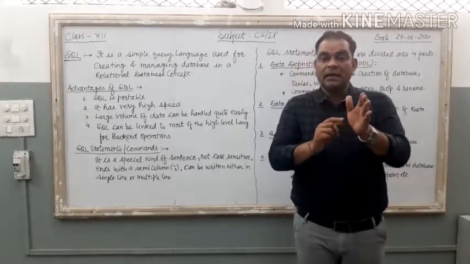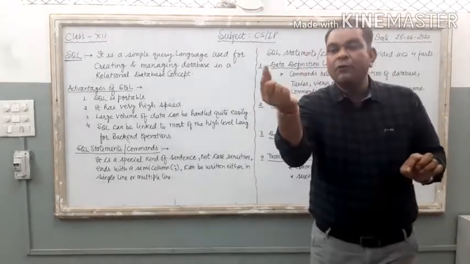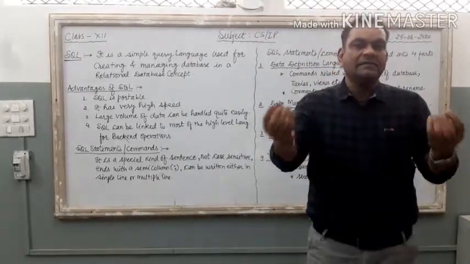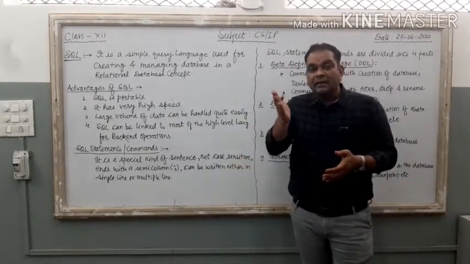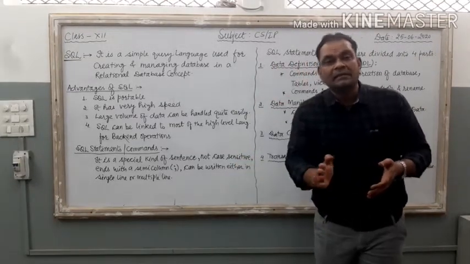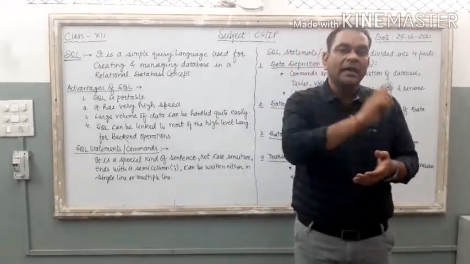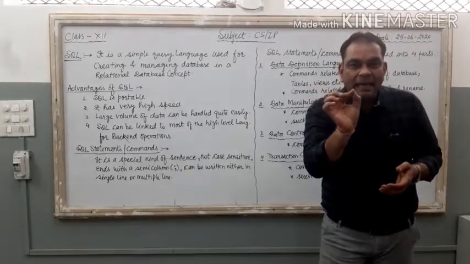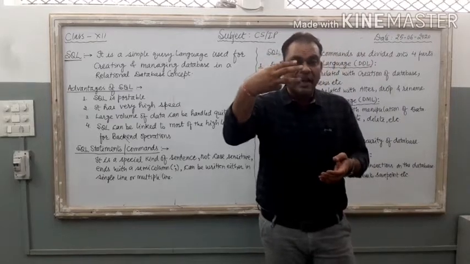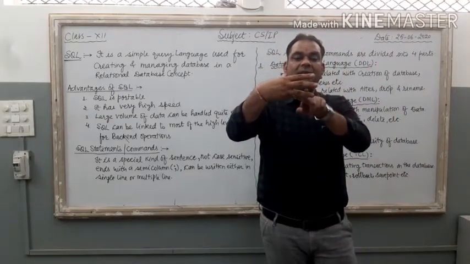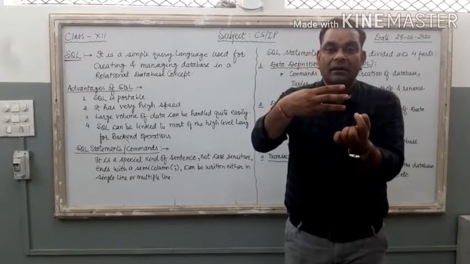Suppose there is a fairly big command. If you write the command in a single line, it will execute in MySQL, and if you break the command into multiple lines, then also it will execute on your PC, but the point is you have to put a semicolon at the end of the command. Suppose a command contains 3 lines: first line, second line, third line, at the end of the third line the semicolon will be there, right?